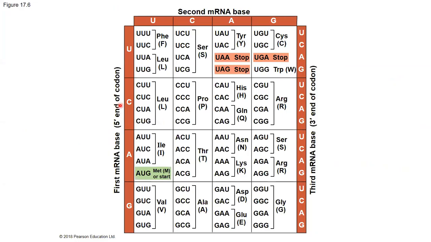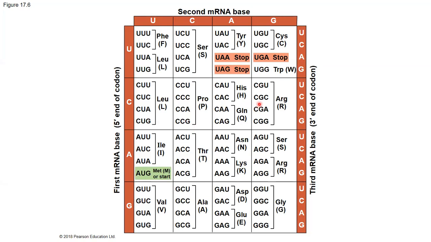So as you can see here, 4 codons encoding leucine, 4 codons encoding proline, 4 codons encoding threonine. But notice that the codons that are encoding the same amino acids, they differ in the third nucleotide. As you can see, CC, CC, CC, CC, but we have here UCAG.